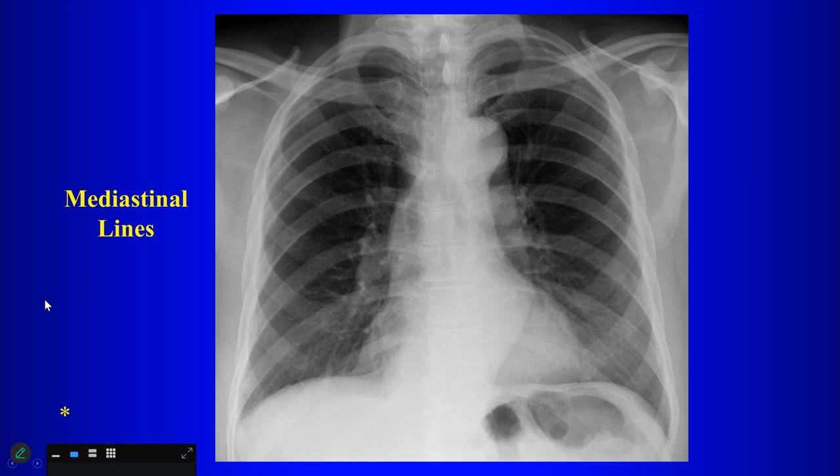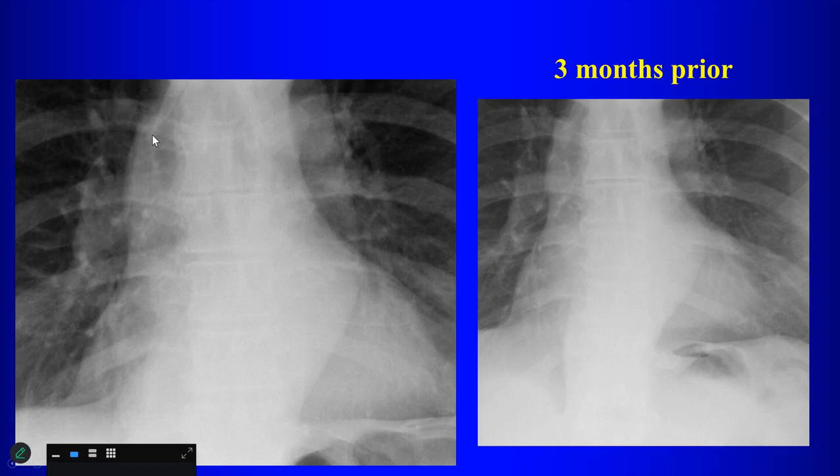Any line bothering you here? Let's be fair. Let's give you a better view. There we go. Three months prior, current chest X-ray. Which line bothers you? Right. What line? Right paraspinal. Paraspinal line, right?